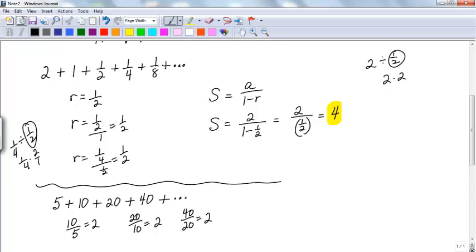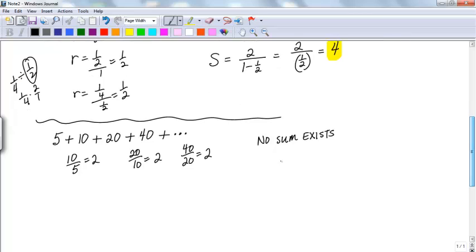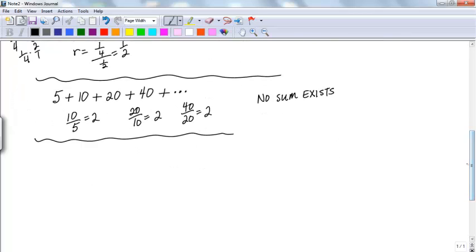Common ratio of 2, and is that absolute value less than 1? No. So on this one, you would say that no sum exists, because the absolute value of the ratio is greater than or equal to 1. Okay, so those are just two examples of the sum of an infinite geometric series.